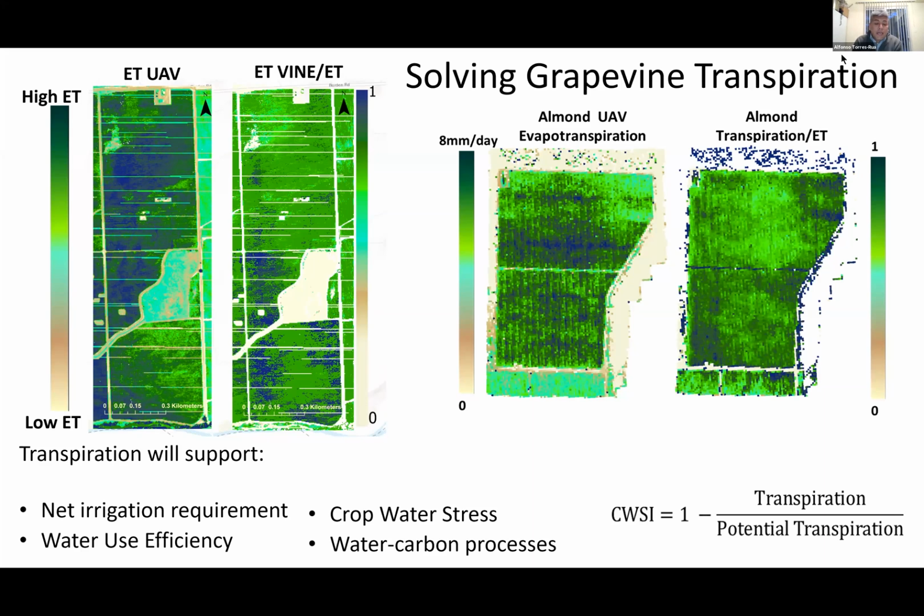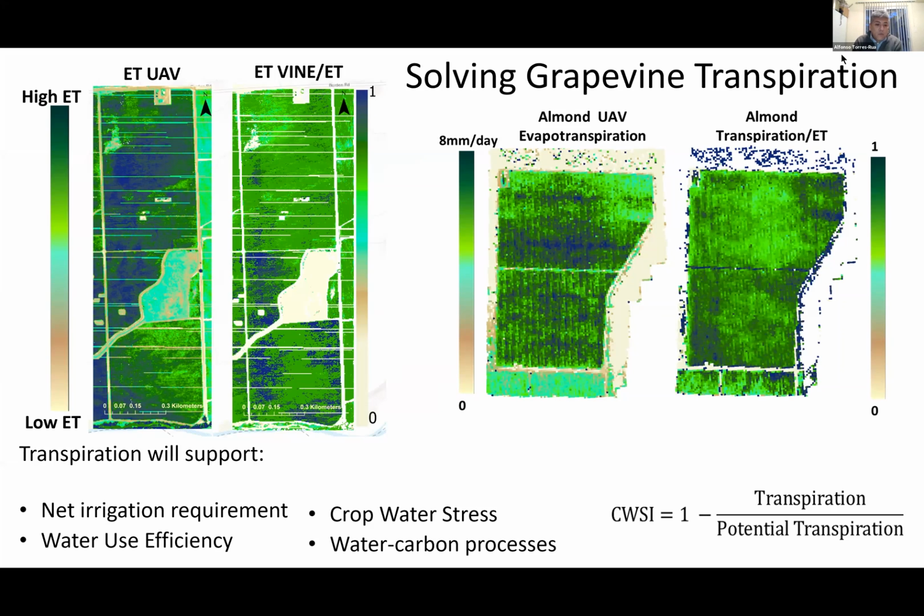So in clumped canopies like grapevines and orchards, the two-source energy balance model performs well, and what we are looking for in the following years is to improve this partition or separation of transpiration, because it holds a great deal of improvement for water management.